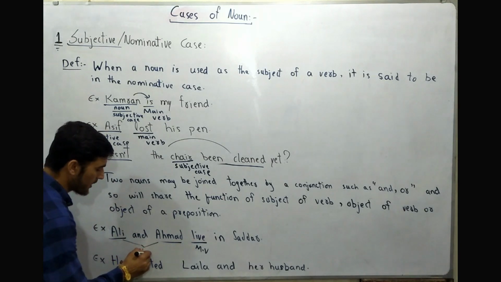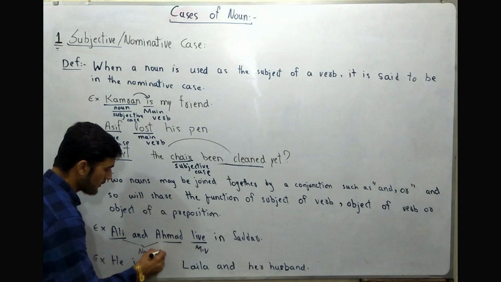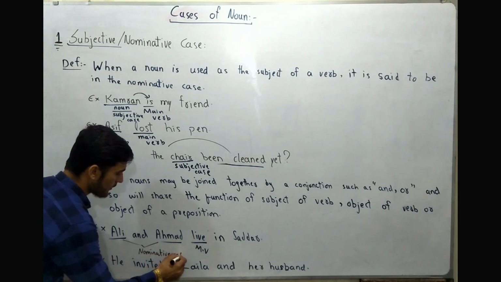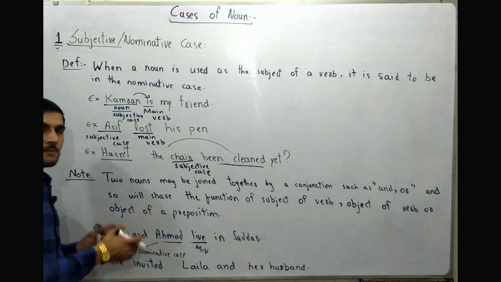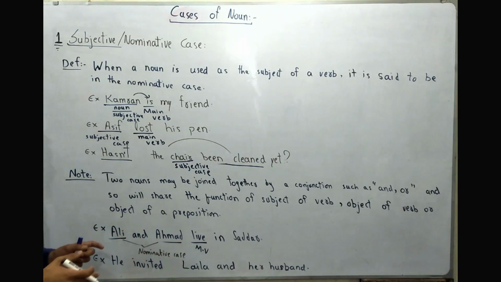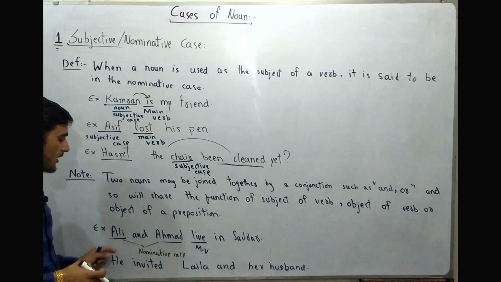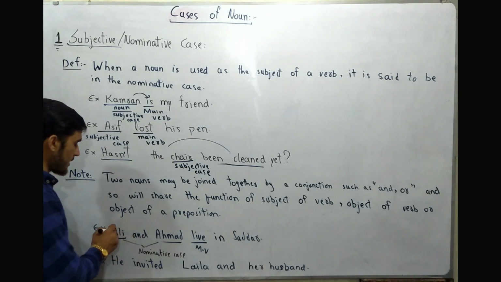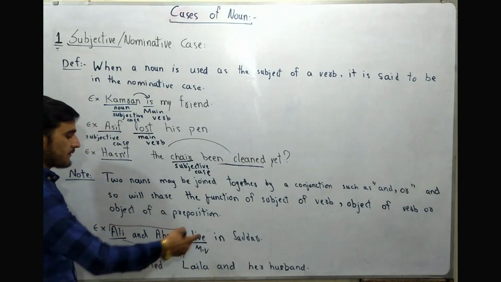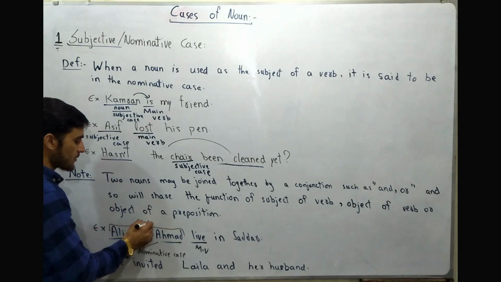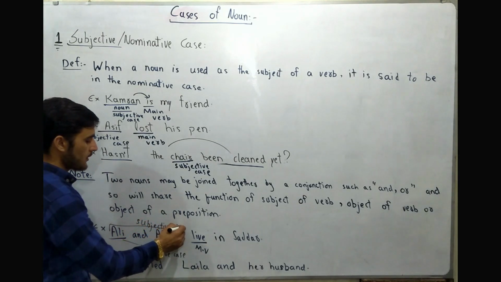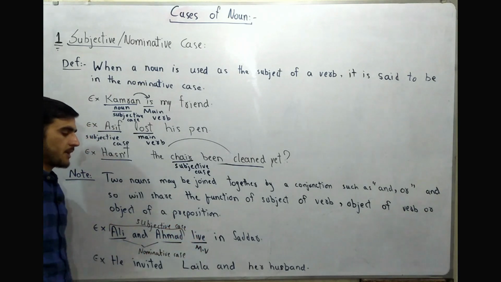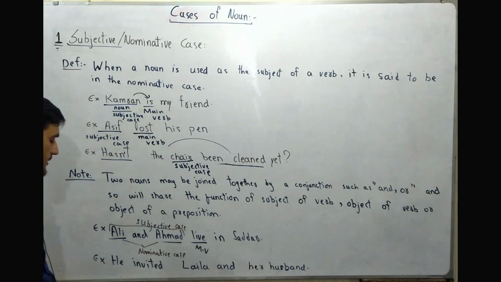So you can call it nominative case or subjective case of noun. In this case, we have a subject made from two nouns, Ali and Ahmad, and they both function as the subject of the sentence. Live is our main verb and Sadr is the rest of the sentence.